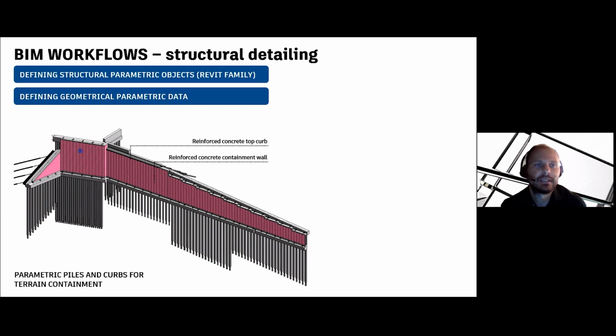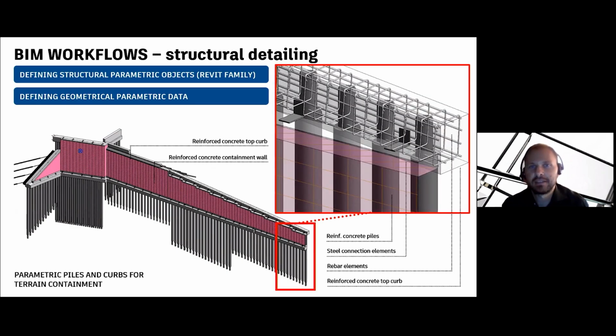This is the structural part for terrain containment that is realized with steel pipes and structural reinforced concrete wall. In this case, we can see, just starting to talk about the rebar detailing, that for this structural wall for terrain containment, we have assigned for this kind of element all the rebar elements as we can see here on the right.